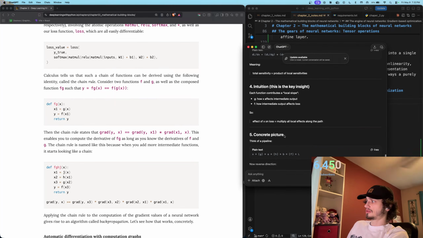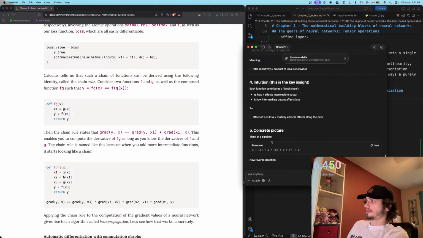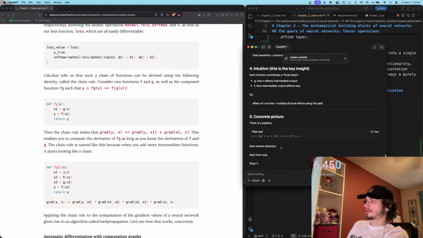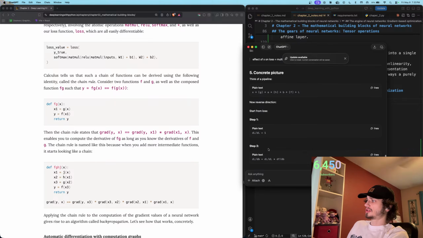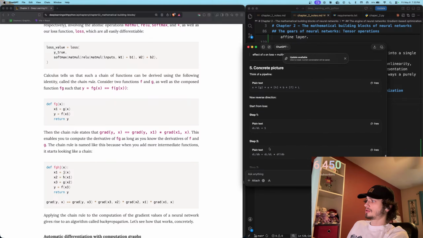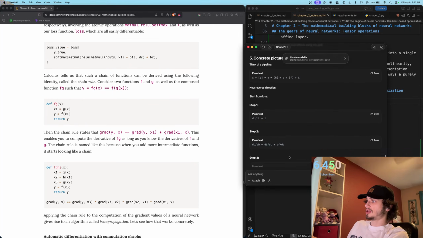Concrete picture: think of a pipeline. Now reverse the direction. Start from the loss. dL over dL equals 1. dL over db equals dL over dL times df over db.